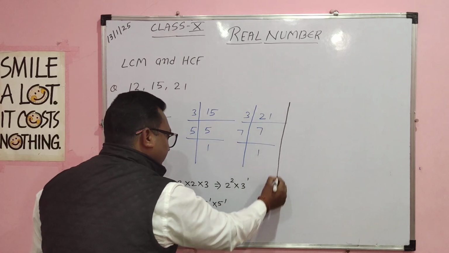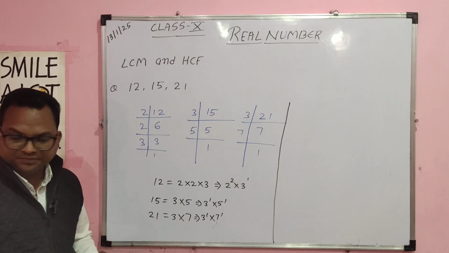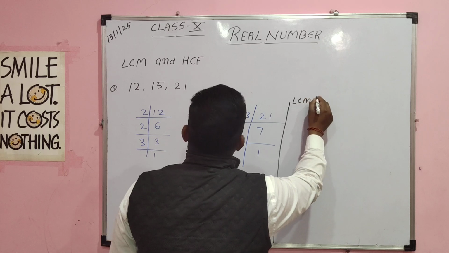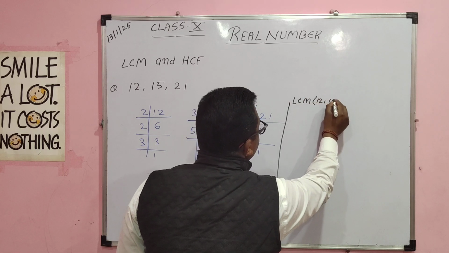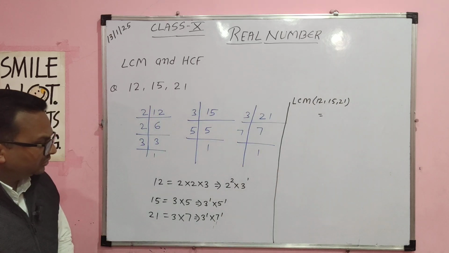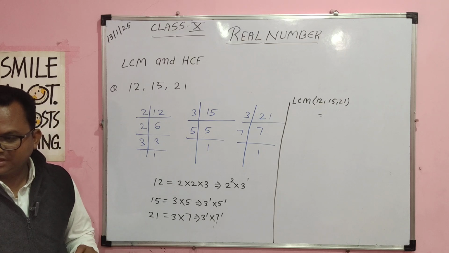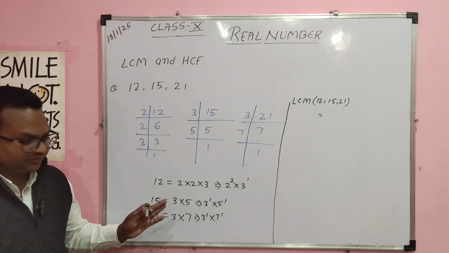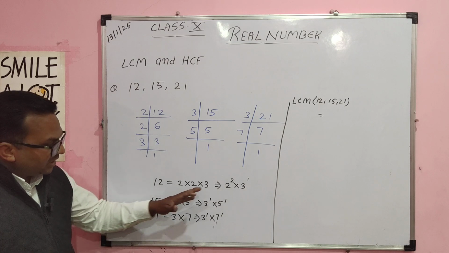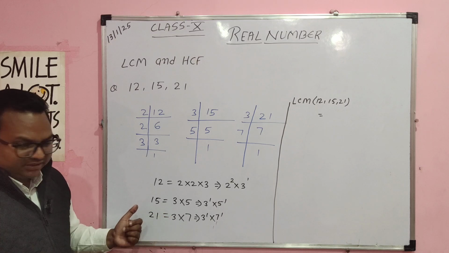After we find the prime factors of 12, 15 and 21, we find the LCM of 12, 15 and 21. How do we find LCM? Here the maximum power is 2 and the minimum power is 1.